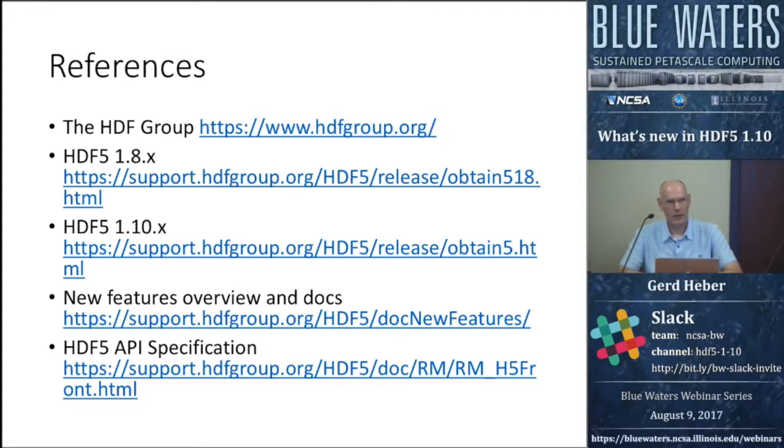I mentioned already the new features overview, and then we have these RFCs, these design documents that describe in very great detail all these different features. And then finally, the programmer's best friend is certainly the API specification, which has all the functions, the C bindings, the Fortran bindings, and then references also to Java and some of the other APIs.